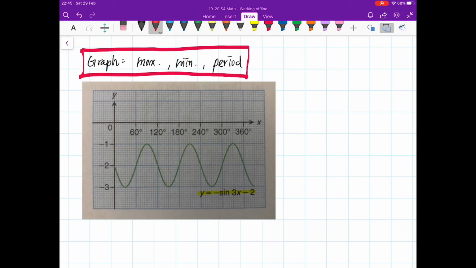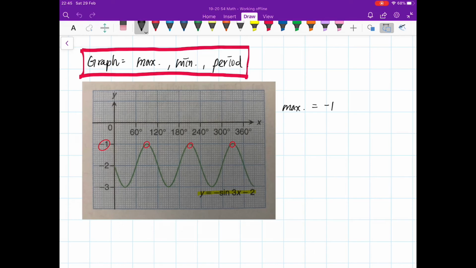Okay, so for the maximum point, we are just finding the highest point for the green line. So it is obvious here. And then we have to read the corresponding value, that is negative 1. Then we can write down the maximum is equals to negative 1.